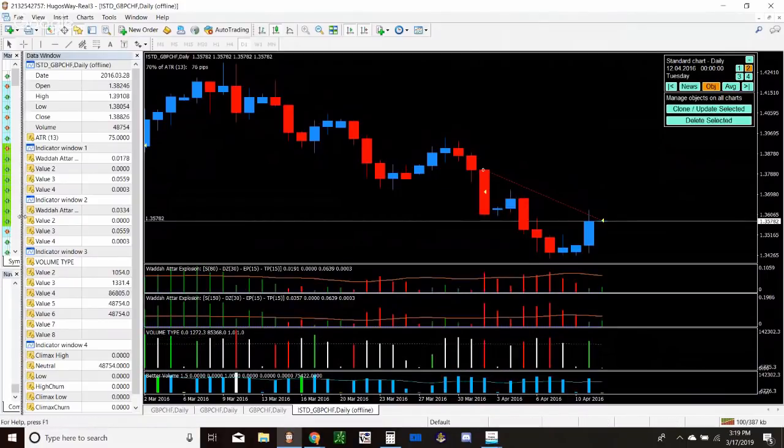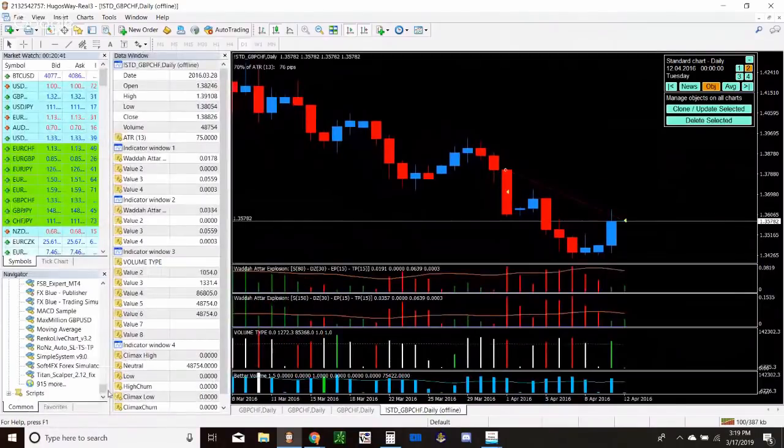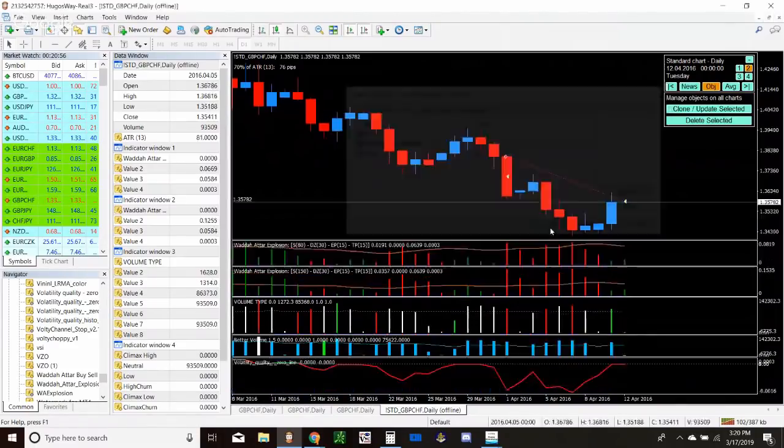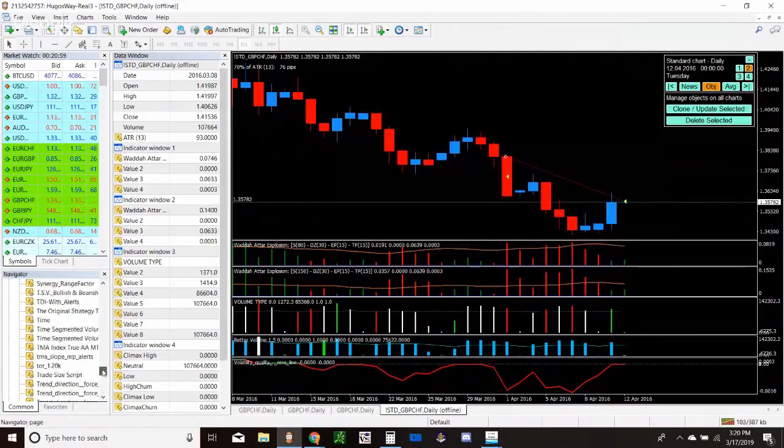I wish I could load two charts here, but can't.